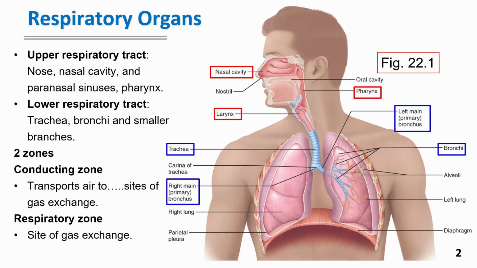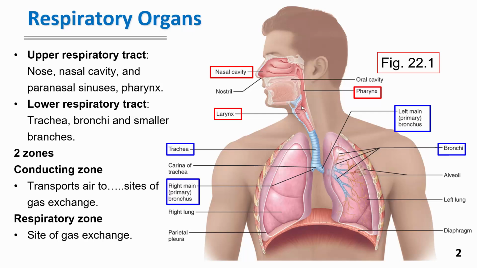So just taking a look at some of these major structures here, airflow begins through the nasal cavity as well as through the oral cavity, and that air will move into the pharynx, and then through the posterior region of the oral cavity, which is continuous with the pharynx.